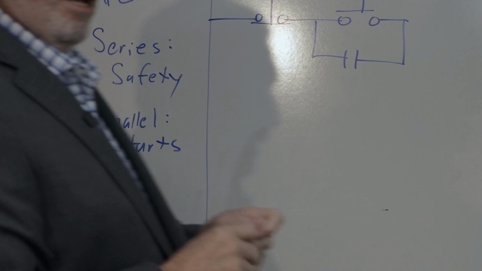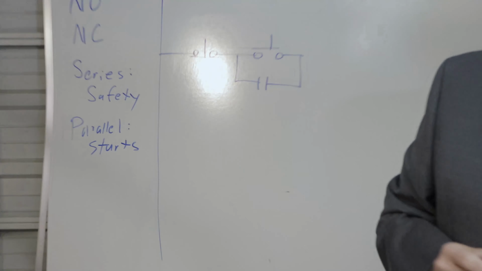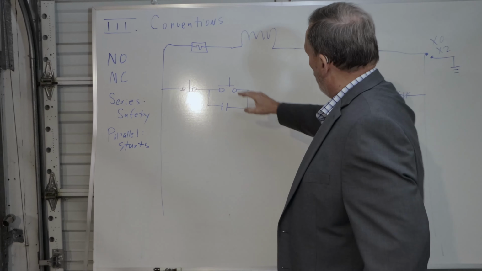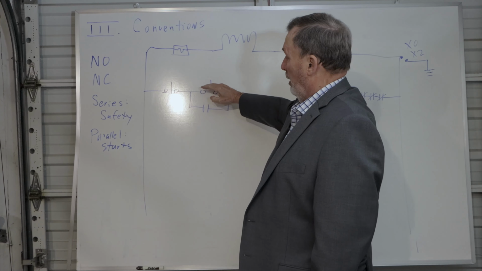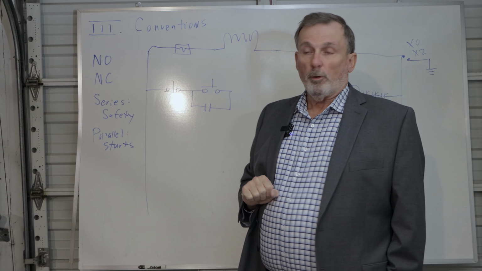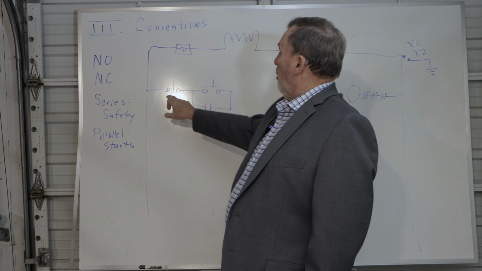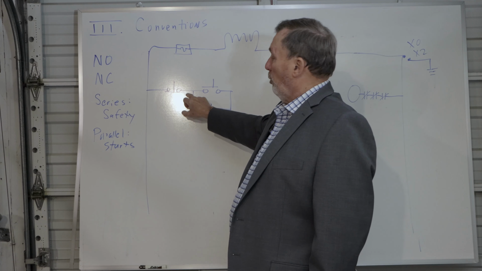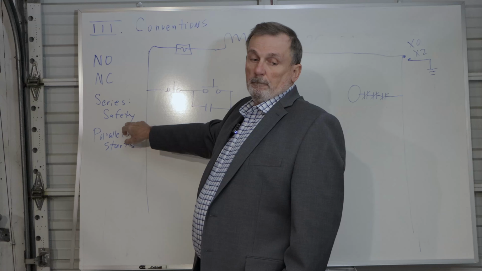So if you recall last time, we had a series of, I shouldn't say a series, a stack of start buttons. We wired them in parallel. They could start the motor. But if we wanted safeties, we had to wire those in series.